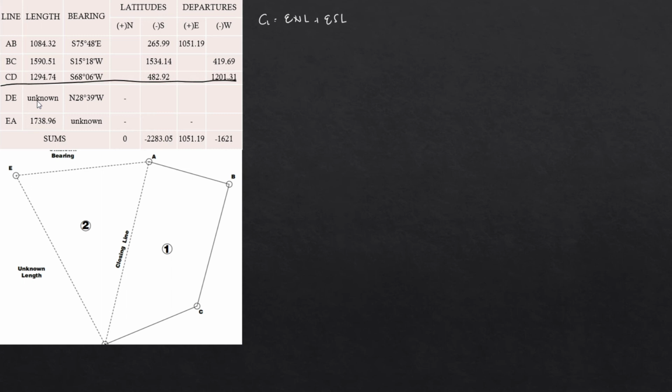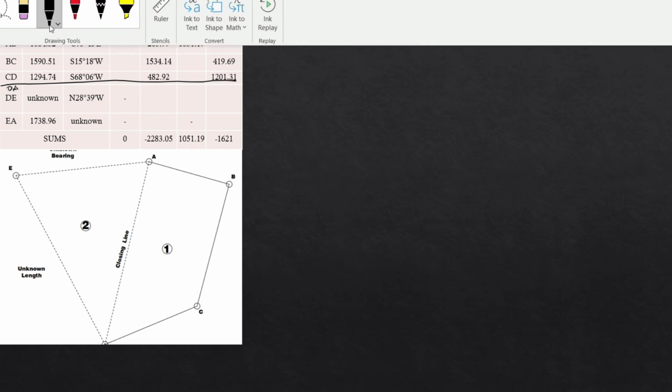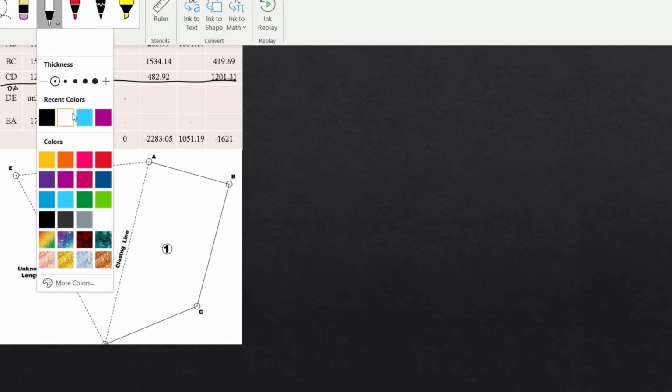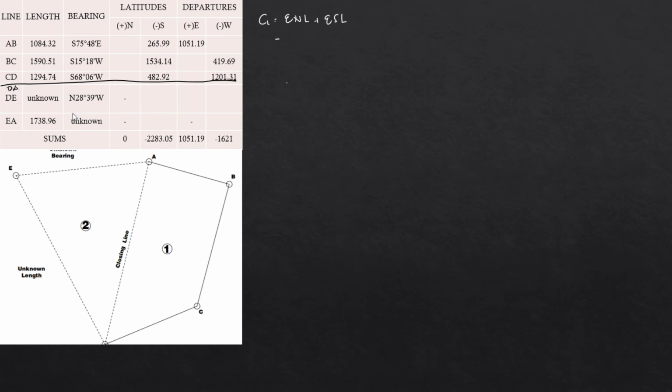Kasi kukunin natin yung DA. So, magkakaroon tayo ng DA dito. So, para makuha yon, yung DA natin, yung closing line, kunin natin to. So, summation ng NL natin, so wala, plus ito, yung values na yan. So, ang total neto is ito.